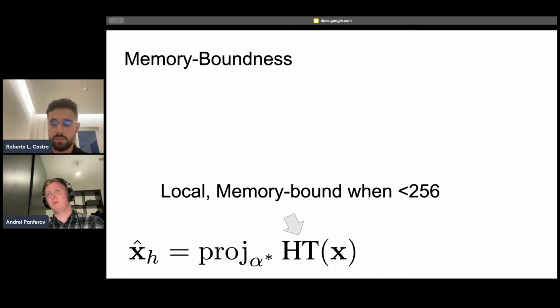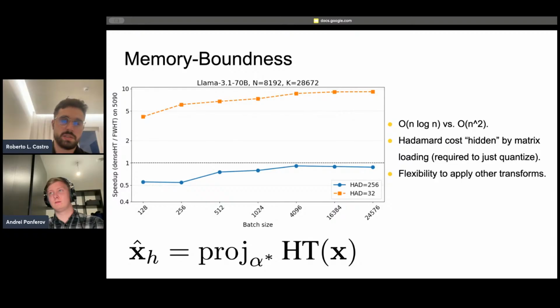This depends a bit on the architecture, but here on these 5090 GPUs, for instance, the breakpoint is 256. If it's 256 or larger, the problem becomes compute bound. So for a Hadamard size of 32, solving this Hadamard transformation as a matrix multiplication is just faster because it's a memory bound problem.